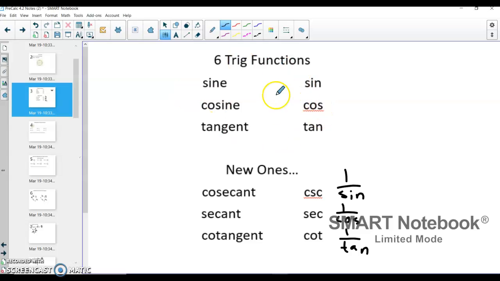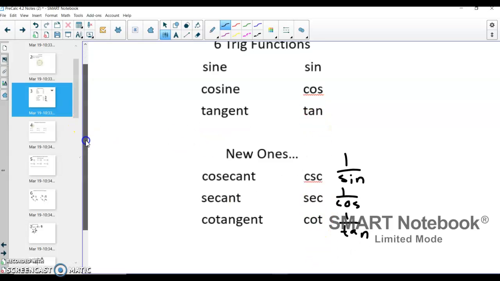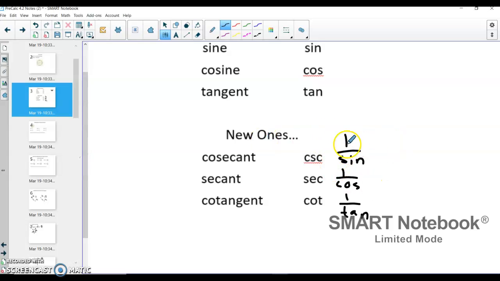So a big one here, 6 trigonometric functions. We know from geometry that we have sine, cosine, and tangent, sin, cos, tan, but we also have cosecant, secant, cotangent, and these are just the inverses of those. So the cosecant is 1 over sine, secant is 1 over cosine, and cotangent is 1 over tangent.